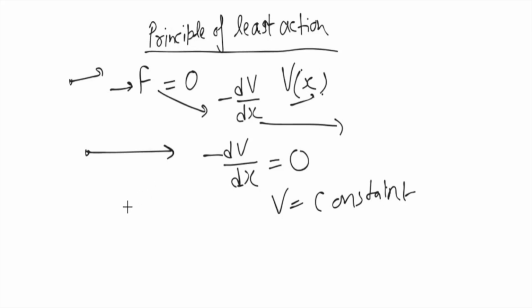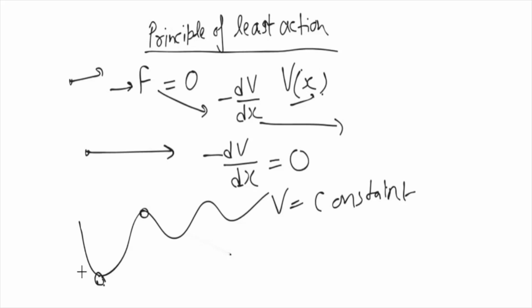So if you want to draw a graph of a potential, it will be like this. Now let's find where in this graph the force is equal to 0, at the minima or the maxima. It is equal to 0 at the minima and the maxima, here it is equal to 0 and here it is equal to 0.